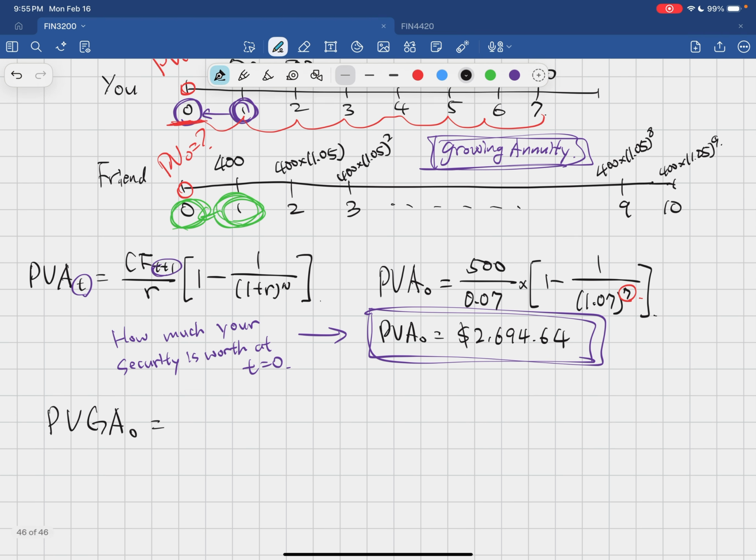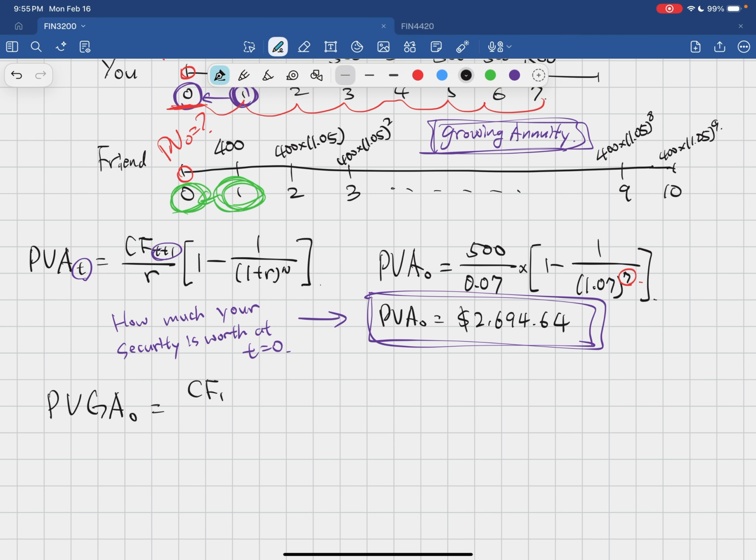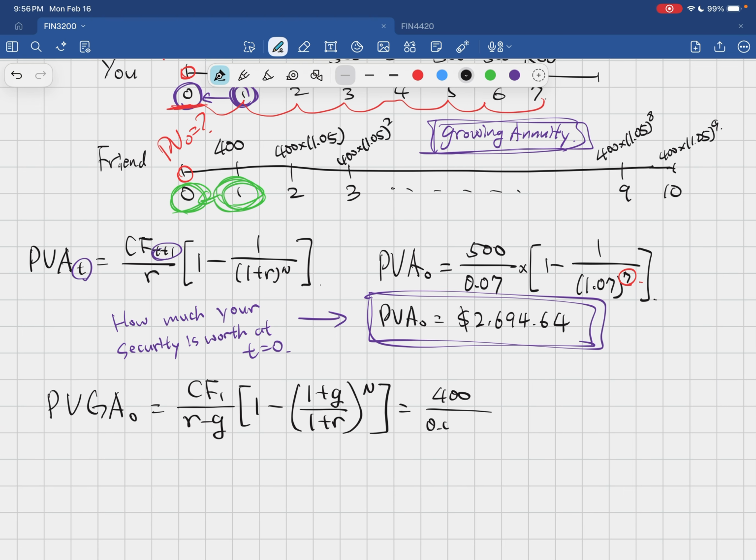Okay, so we have cash flow 1 over R minus G, 1 minus 1 plus G over 1 plus R to the nth power. Okay, so the first cash flow is $400, so we'll use that. R is 7%. G is the rate at which your cash flows grow. It's 5%, right? So we'll use 0.05.